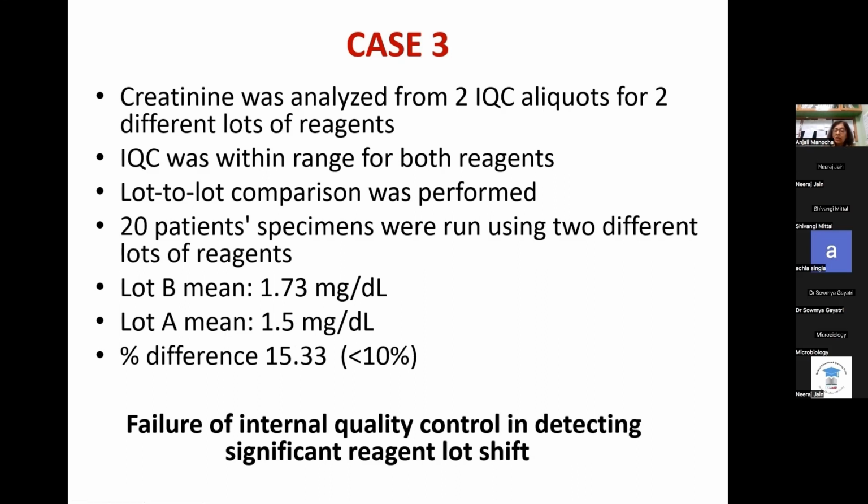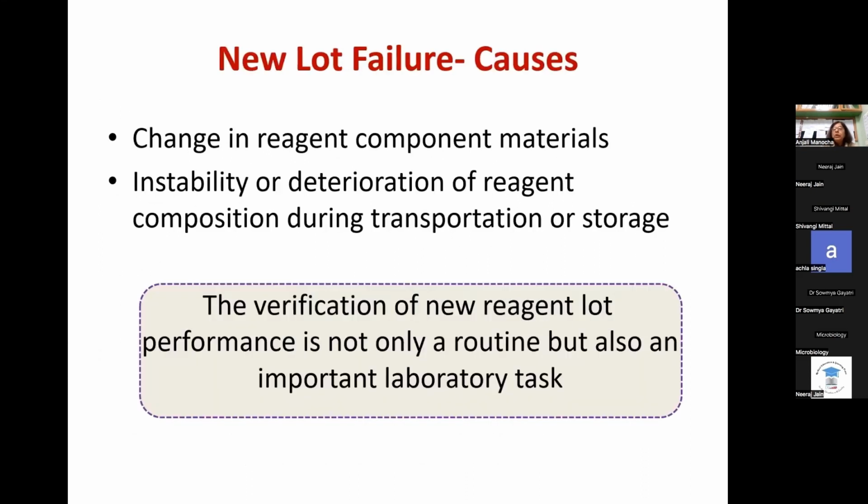So this is another scenario where just looking at the control without seeing how close it is to the mean, without checking for accuracy and precision, sometimes there could also be a failure of the IQC. So this significant reagent lot shift could be due to any reason, could be a problem in the transportation of the reagent, a storage of the reagent.